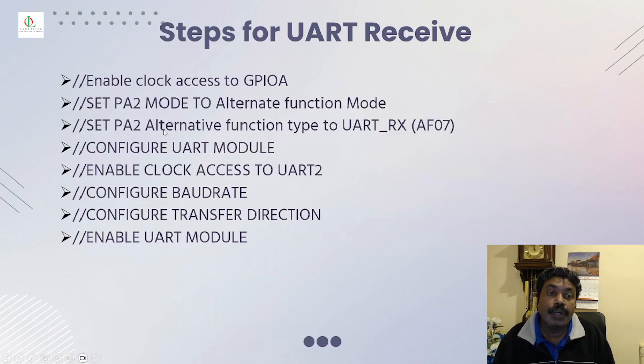Also you need to enable the clock access to UART2. That's the second step. And you need to set PA2 as the alternate function mode for transmit, and PA3 for receive. Also you need to configure the baud rate, and you need to use control register 1 to transmit and receive data, which you will learn today. These are all the basic steps that you have to cover.